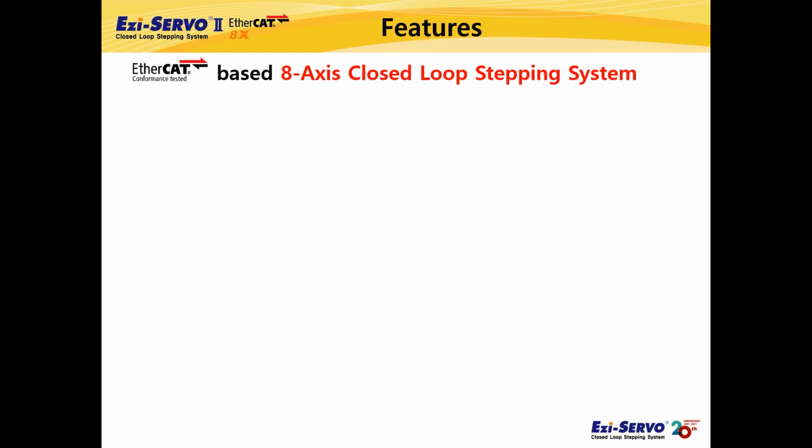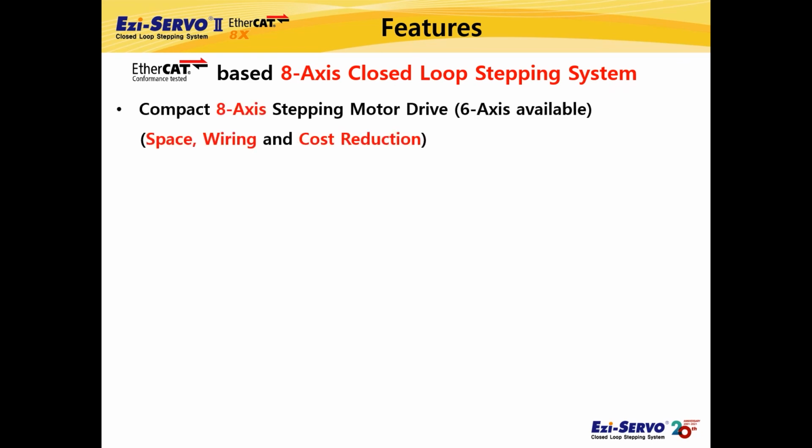Ezi-SERVO II EtherCAT 8X is EtherCAT-based 8-axis closed-loop stepping system product. There are 8 drives in one Ezi-SERVO II EtherCAT 8X case. Thus, you can save space and the wiring would be simpler. Space saving and less wiring can reduce cost. I will tell you about in the next chapter.